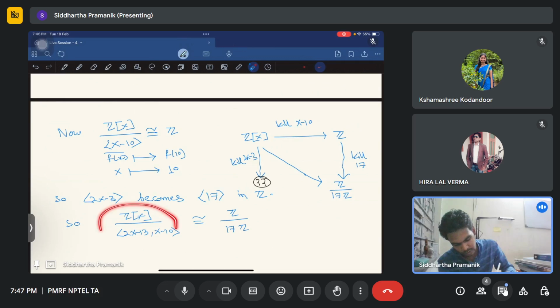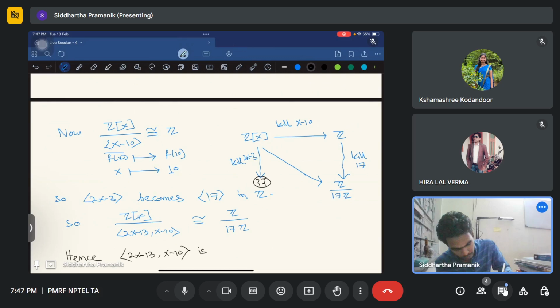So this quotient is isomorphic to Z mod 17Z, and that is a field. So the ideal generated by 2x minus 3 and x minus 10 is a maximal ideal. So is it okay?